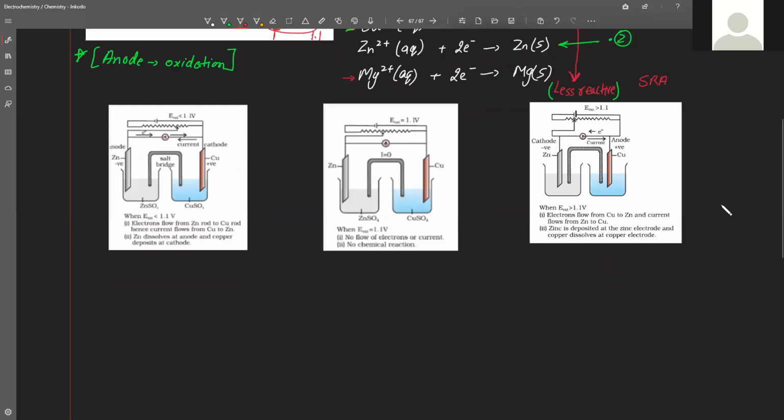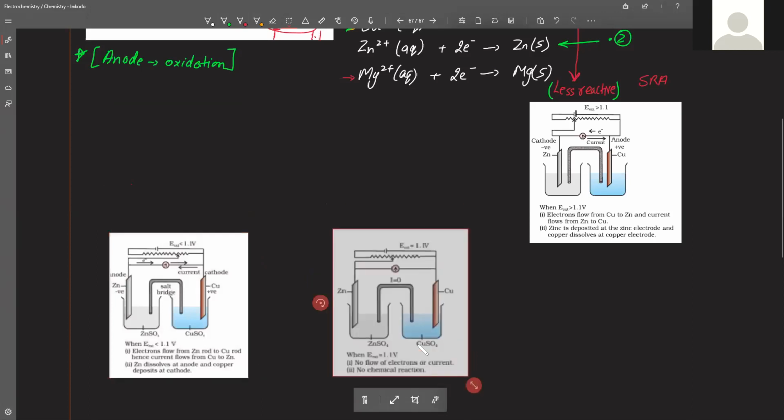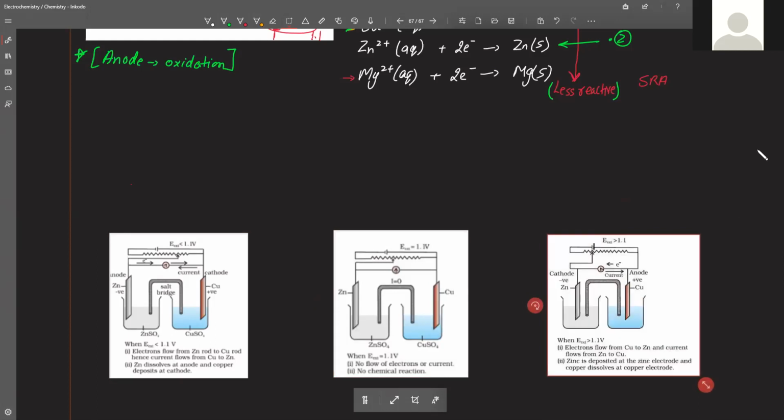Now this is another experimental setup. What we have done here is that the galvanic cell, or voltaic cell, sorry, the Daniell cell is as it is.